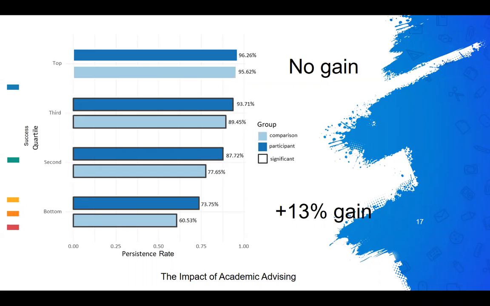All of the student body is invited to participate in advising, obviously, but what makes this comparison group really great, and what makes this result very robust, is that we're controlling for self-selection bias through that propensity score match. And we're really able to say that advising is causing that 13% gain for those most vulnerable students, or what we would say those most at-promise students. Does that answer your question? It did. Thank you. Yeah.